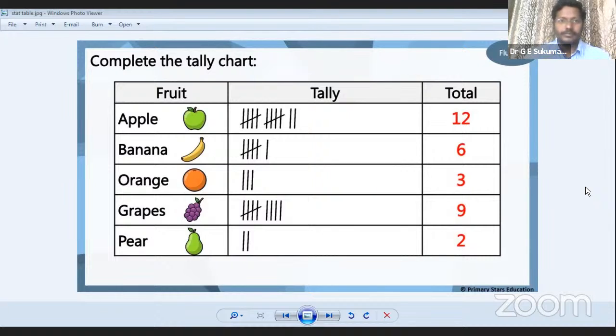For example, if you have students who have taken this test and identified different types of fruits, there is the fruit name and the tally of students who answered correctly. For banana, it is tally marks. Each cross mark says it is 5. So the total is 6.